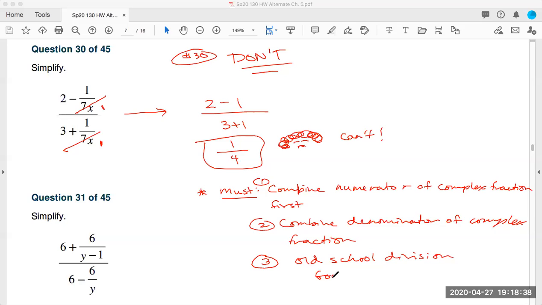Essentially the goal, you're gonna have like A divided by B divided by C divided by D. You want all of these to be factors so that you can go to the next step of A divided by B times D divided by C.